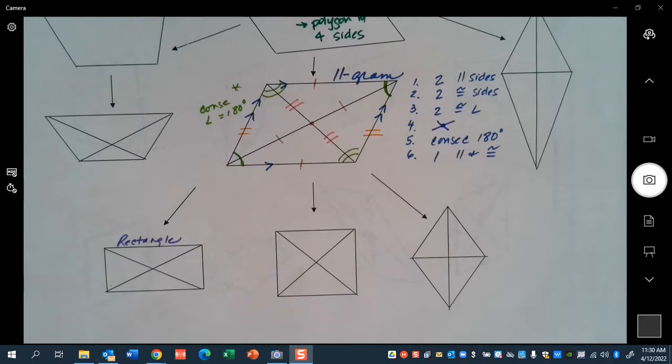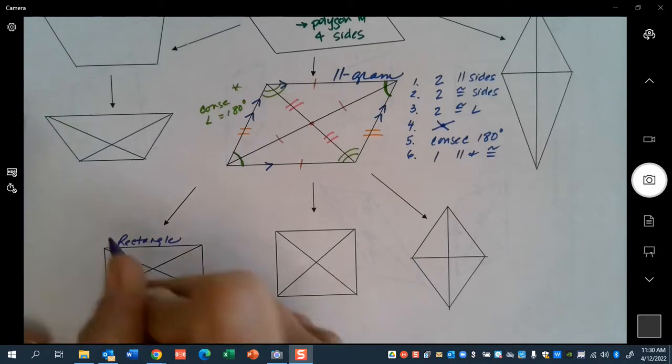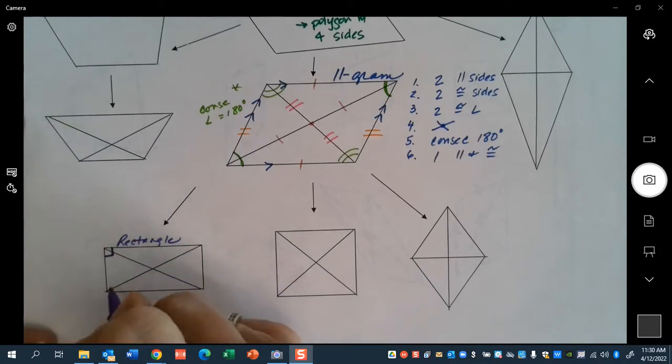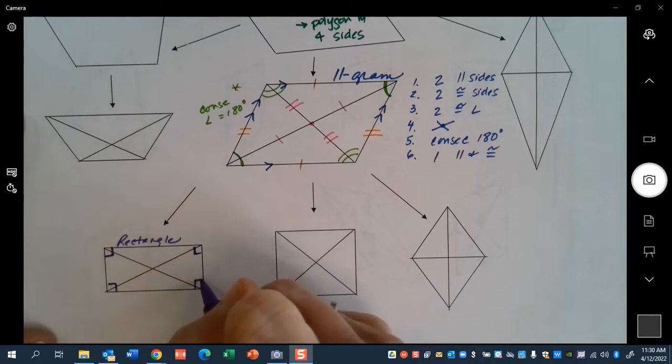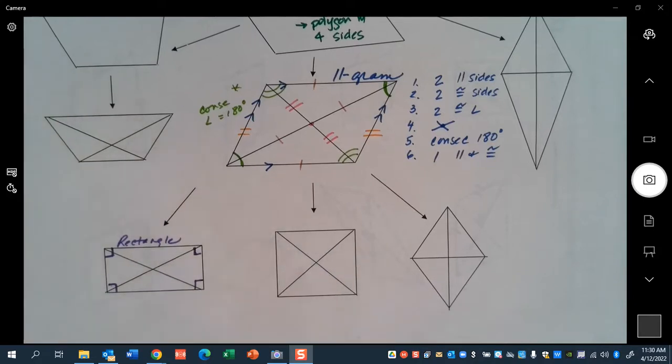So the only thing I'm going to add to my rectangle is stuff that's unique to my rectangle. Your rectangle is equiangular. So every single one of those is a right angle. Your rectangle also has congruent diagonals.